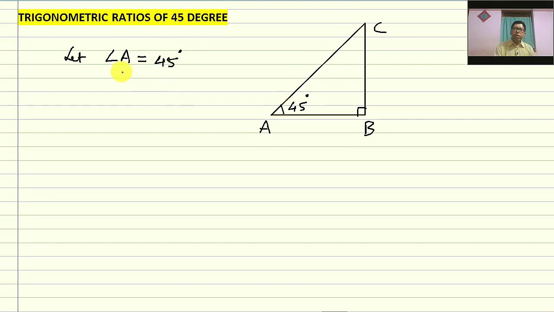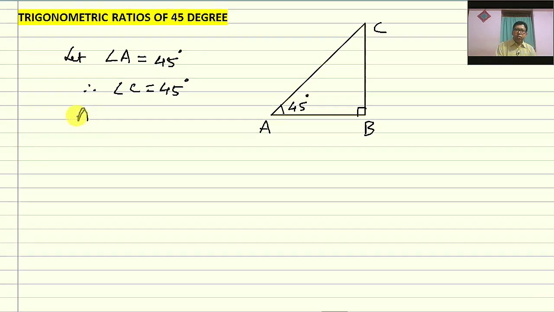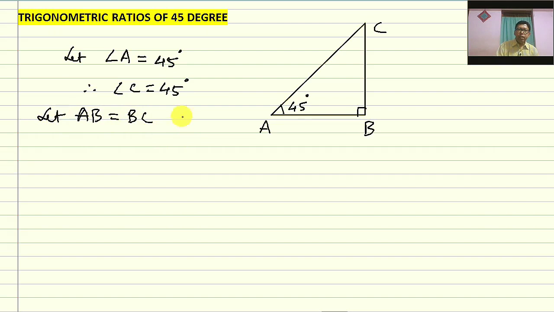So if angle A is equal to 45 degree, obviously angle C will also be 45 degree. So this is a right isosceles triangle. So the angles are equal, 45 degree, and one angle is 90 degree. So AB is equal to BC. Let us consider that AB is equal to BC is equal to a units.